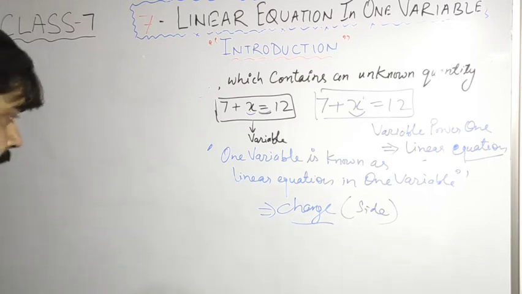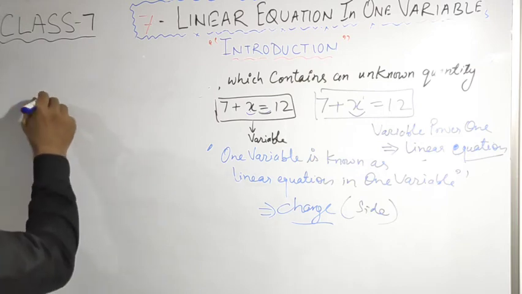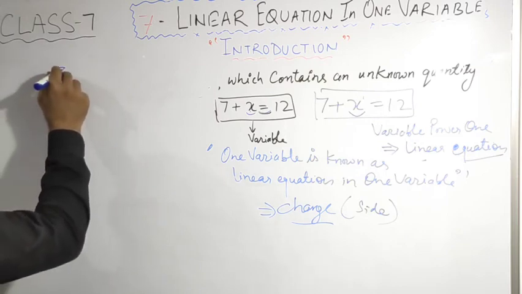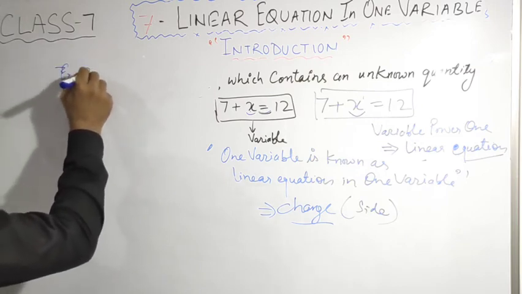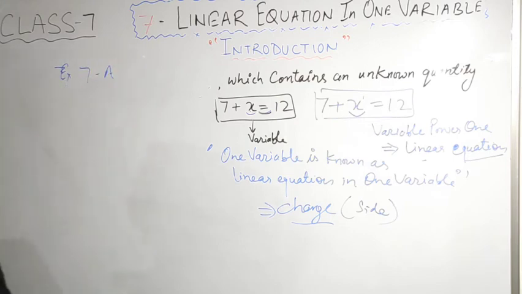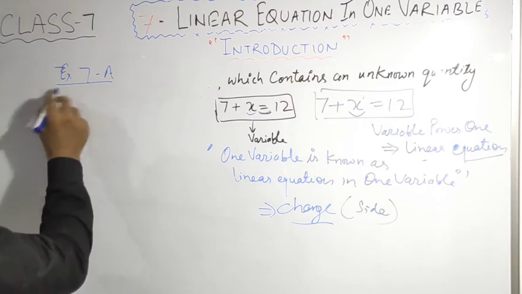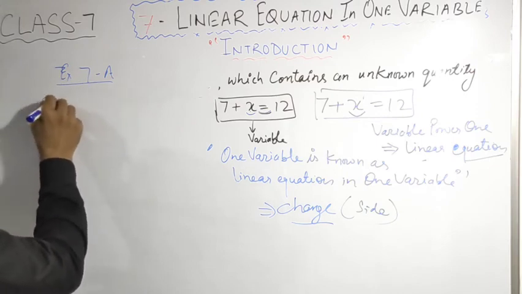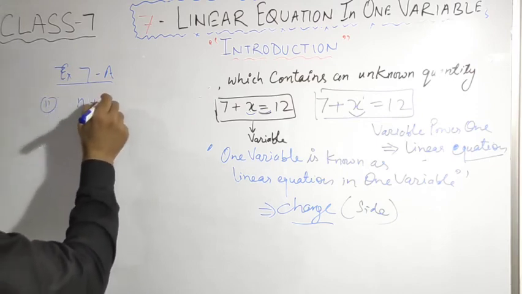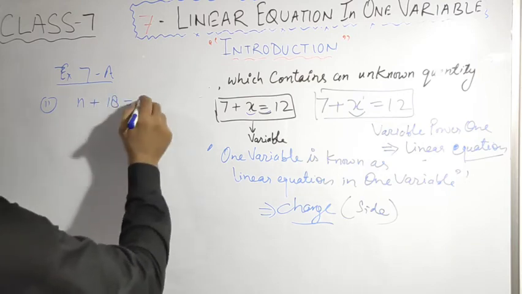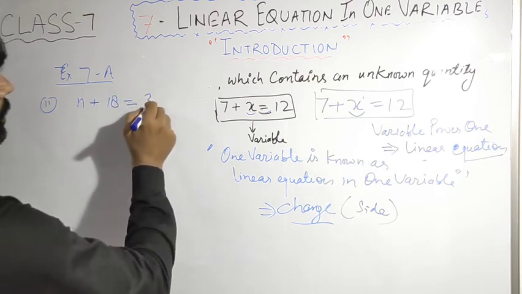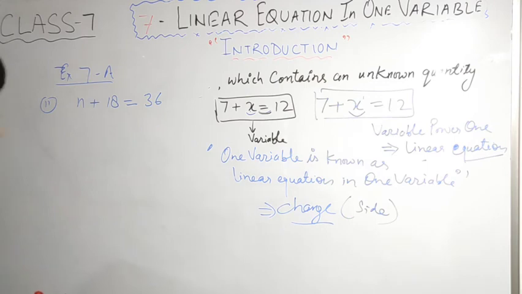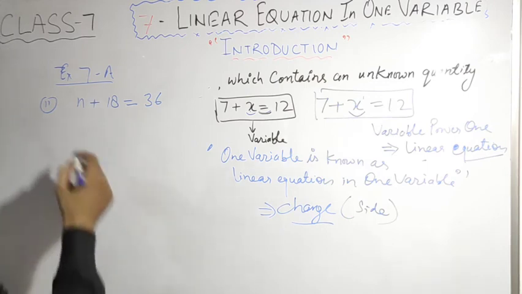So we take some questions from exercise 7a. And the first question is n plus 18 is equal to 36. Okay, by the transposition method we can easily solve.